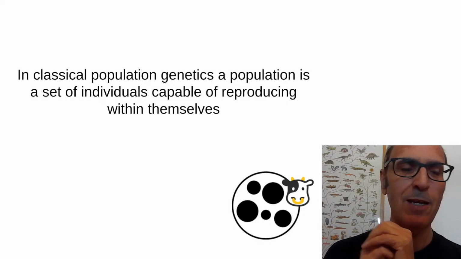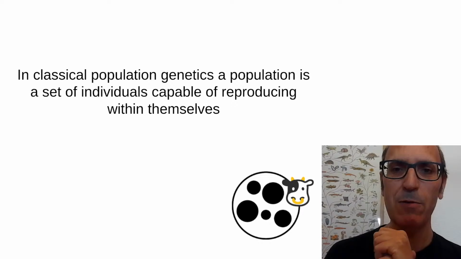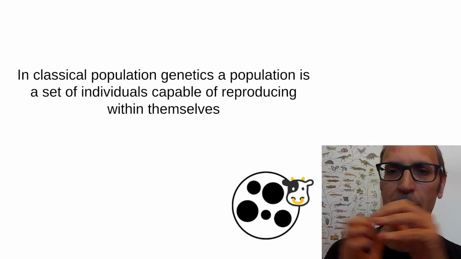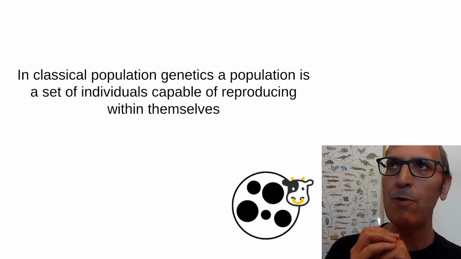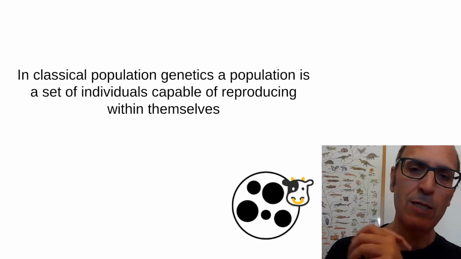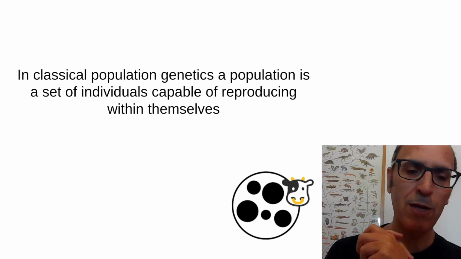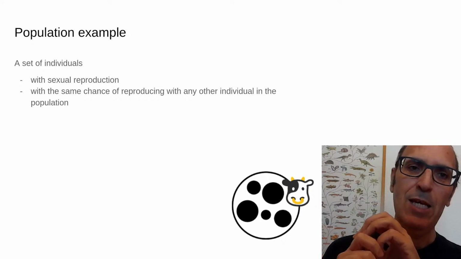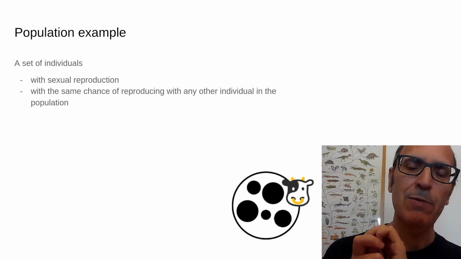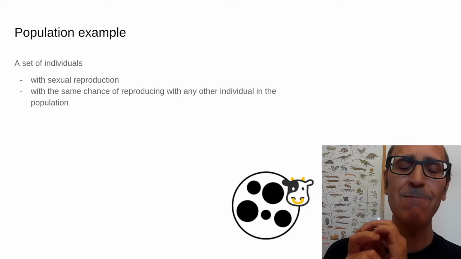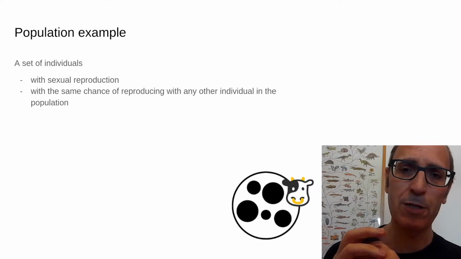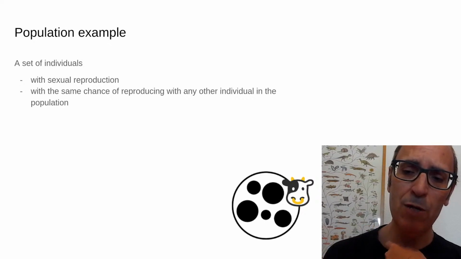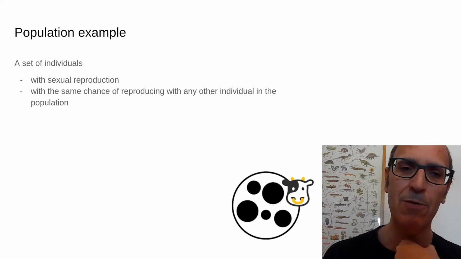You say, I have 100 individuals, or 1,000 individuals, or a population with infinite individuals, and that is our population. It's something that we think, we define, we create in our minds. It's a theoretical model that we use to think about evolution. Usually, in population genetics, we think about individuals with sexual reproduction, and most of the time with the same chance of breeding with others. We will see that when we assume this, we can say things about populations.